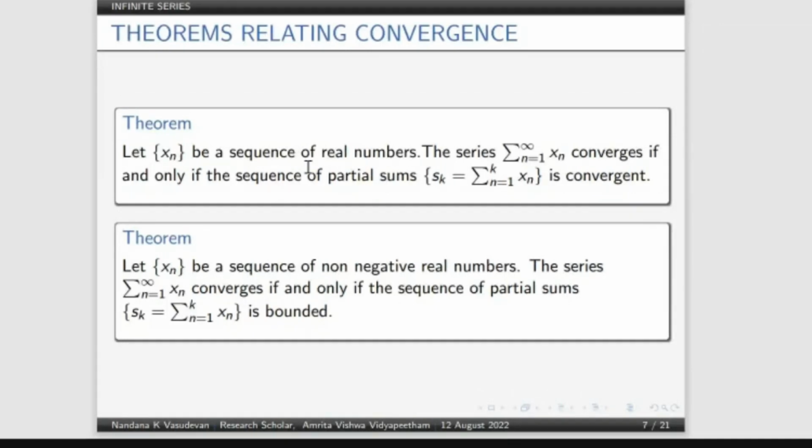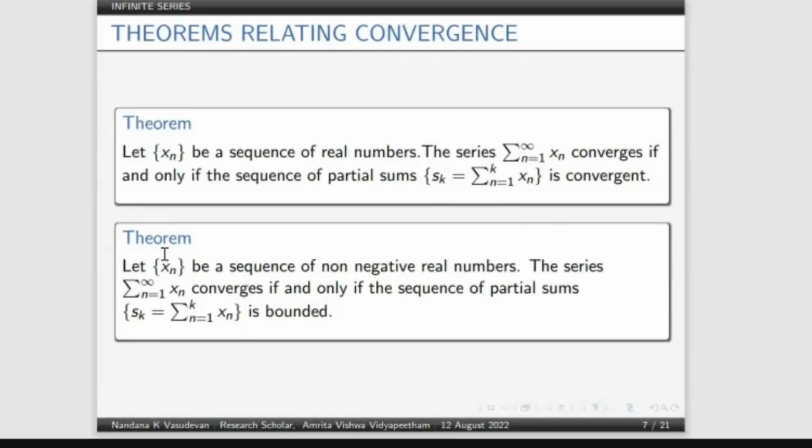So let xn be a sequence of real numbers. Then we can say that the series produced using that sequence converges if and only if the sequence of partial sums is convergent, right? Only if this sequence converges to a finite value, then only I can say that the corresponding series is convergent, right?